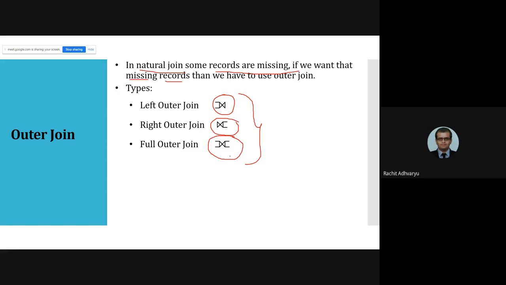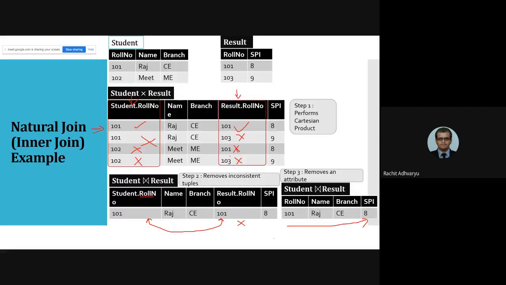Now what does this actually want to tell us? Let us say in this particular join, what records are missing? These records: this 103 record, this 102 record. All these records are missing in this particular join. But actually I want to display this type of records to the user.